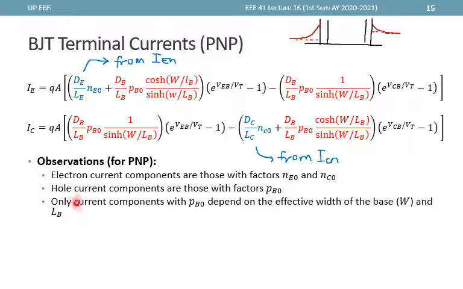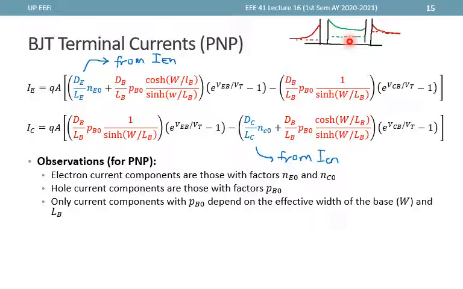However, the ones for the hole, IEP and ICP, are those with factors PB naught, and that is based on the slope of the minority carrier concentration at the base.